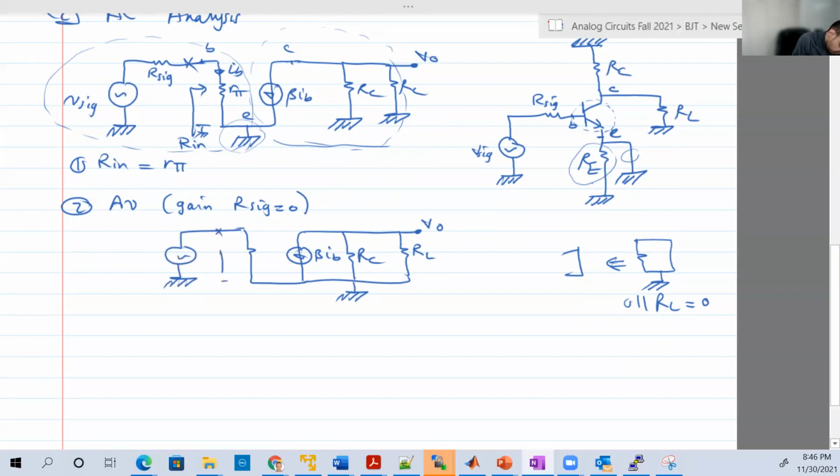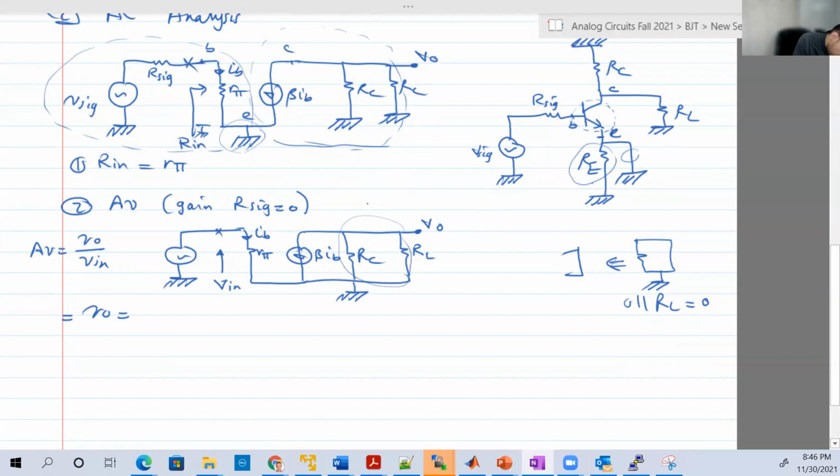Here is the input. Of course, the input here is just equal to V signal. Here is R pi, okay. Here is RB. So the AV here is equal to VO over Vin, and Vin is of course equal to V signal. So VO is the voltage across these two resistors, the parallel combination.